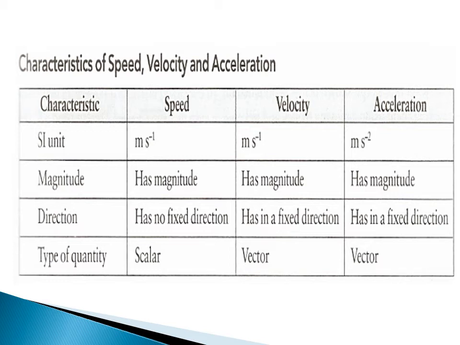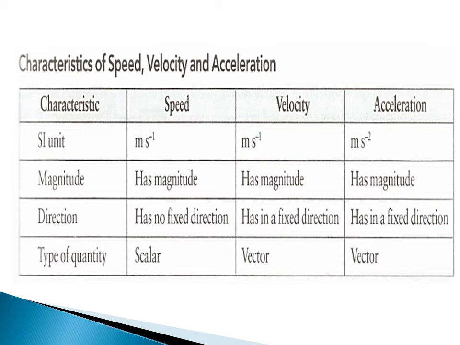So these are the characteristics of speed, velocity and acceleration. Hopefully this table will help you understand more. The SI unit used for speed is meter per second, velocity also meter per second. Then for acceleration, you have meter per second, power of 2, because here we have velocity over time. Speed, velocity and acceleration each have their own magnitude.